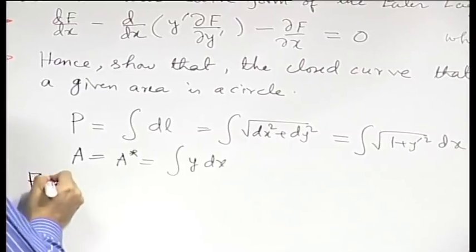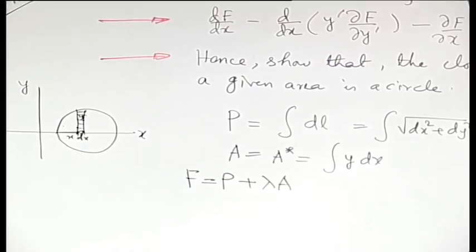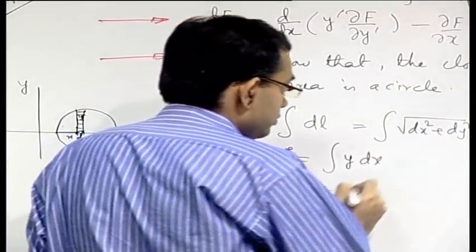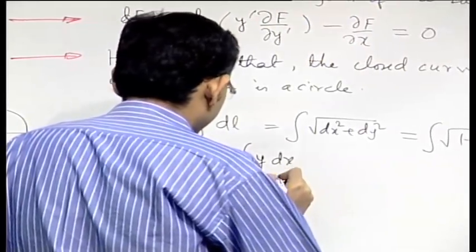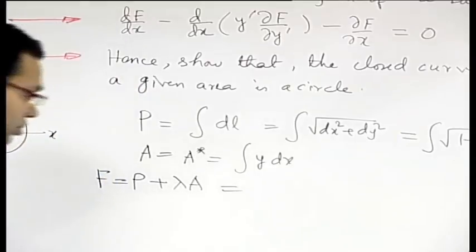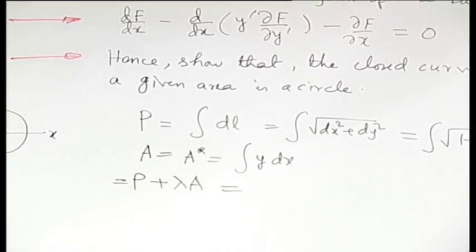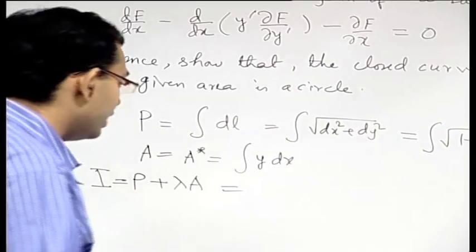So, to do that we can use the Lagrange multiplier technique, that is we introduce a function f which is p plus lambda A, where lambda is the Lagrange multiplier. Or we can call it I, because we want to extremize the integral I, that is the notation that we had used by this time.